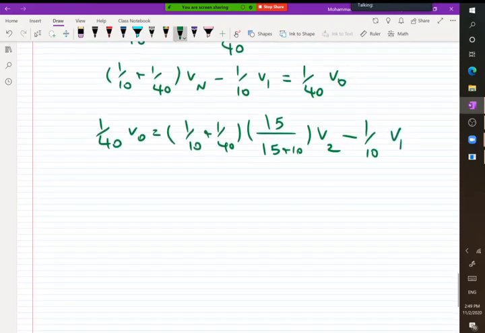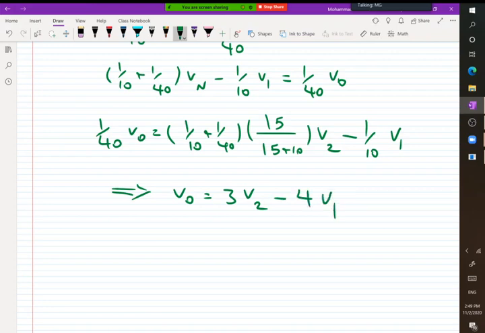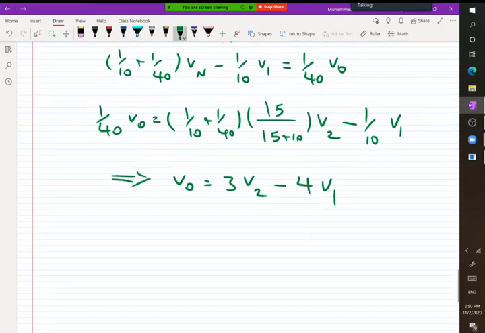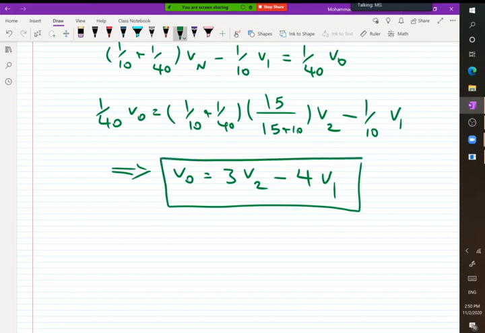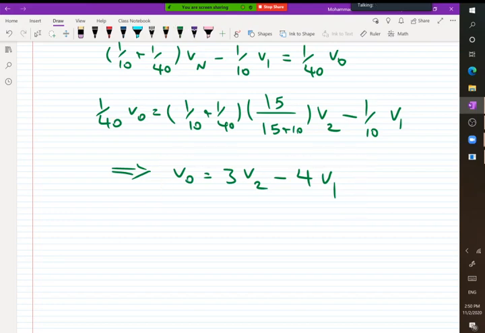If we simplify this equation, VO is equal to 3 V2 minus 4 V1. Any question? Okay. Now at this point, we got the relationship between VO and the inputs.